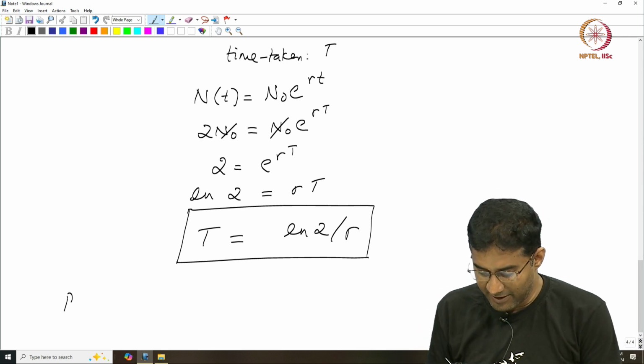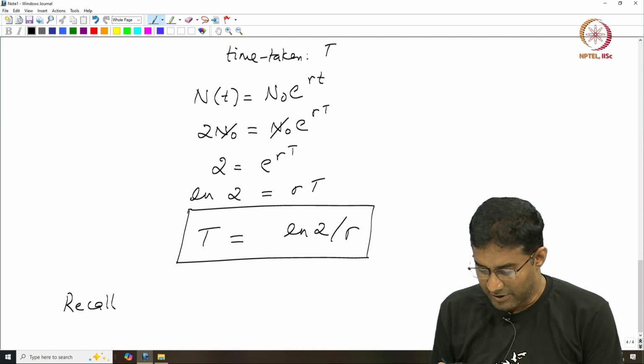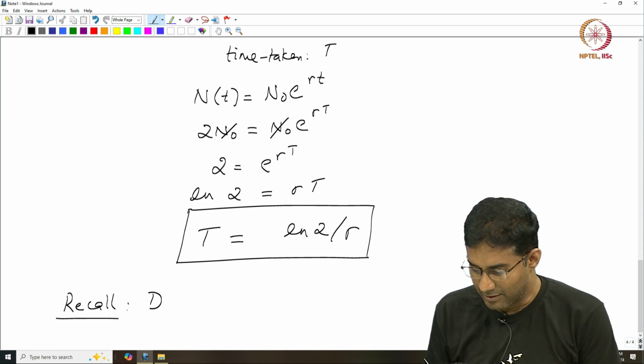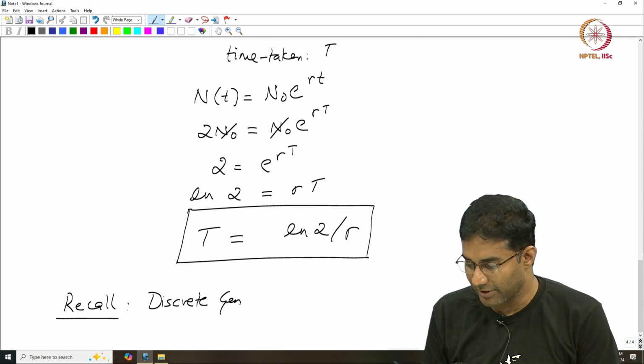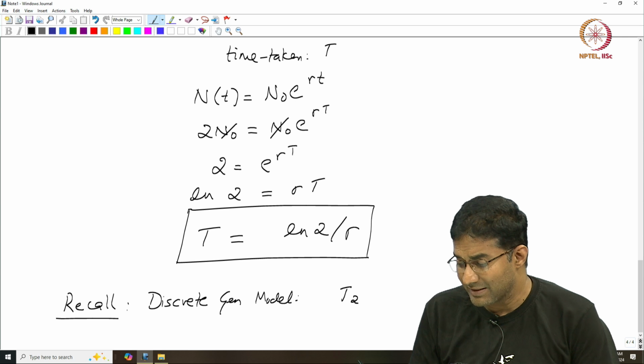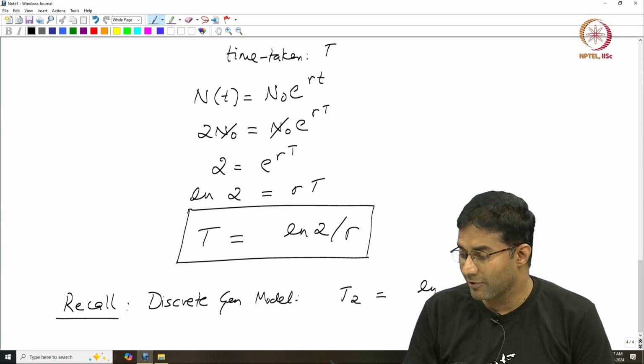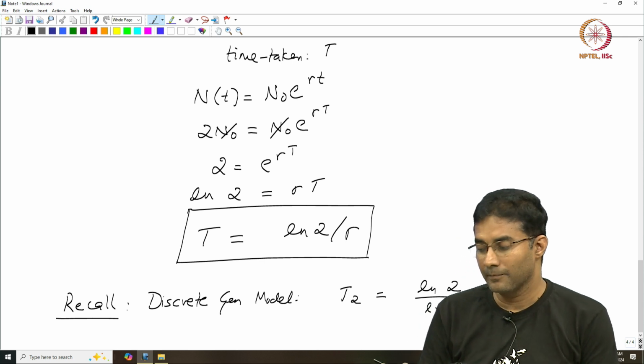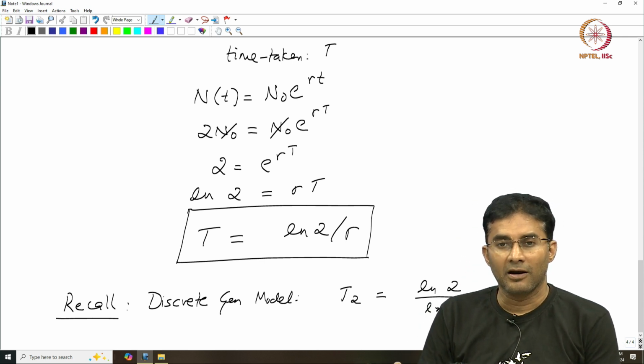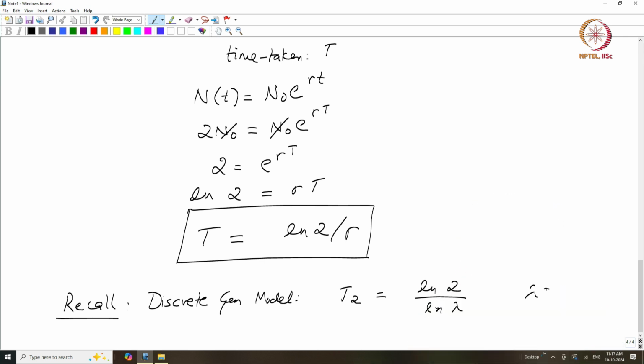Recall that in the case of the discrete generation model, the doubling time, which we denoted by T2, was log of 2 divided by log of lambda, where lambda was 1 plus r tilde.